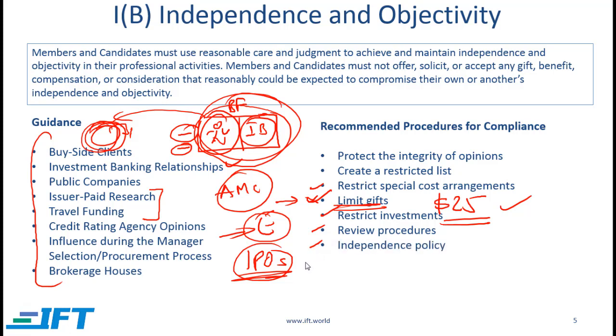Independence policy. You should encourage your firm to establish a formal written policy on the independence and objectivity of research and implement reporting structures and review procedures to ensure that research analysts do not report to and are not supervised or controlled by any department of the firm that could compromise the independence of the analyst. Appointed officer.